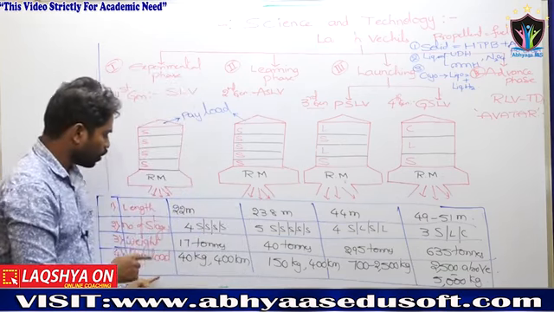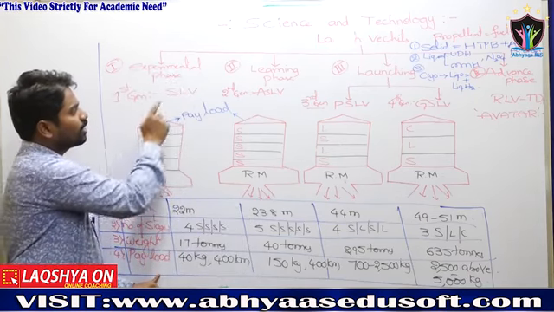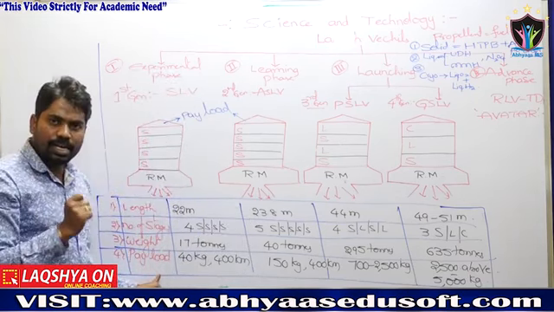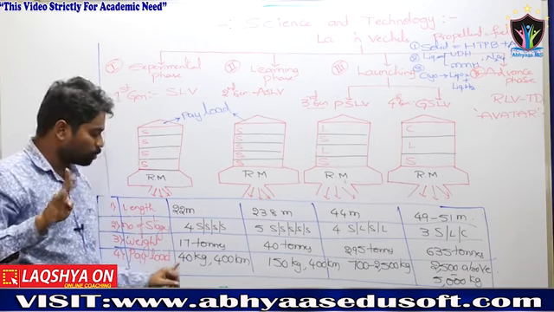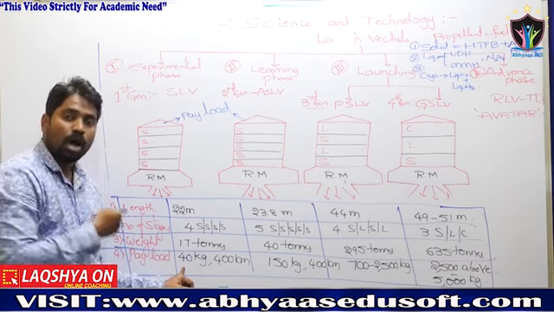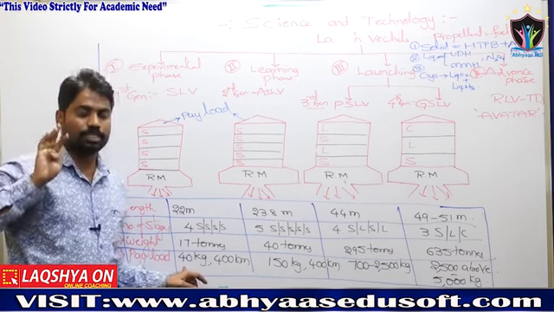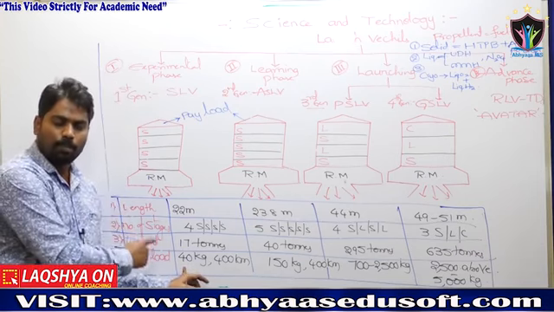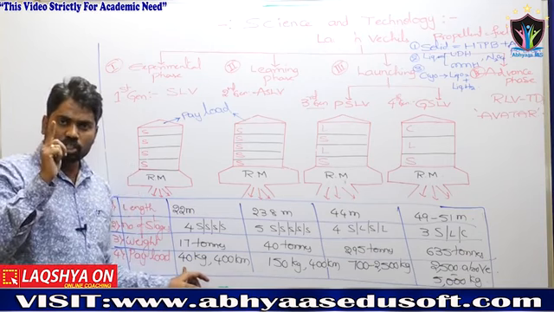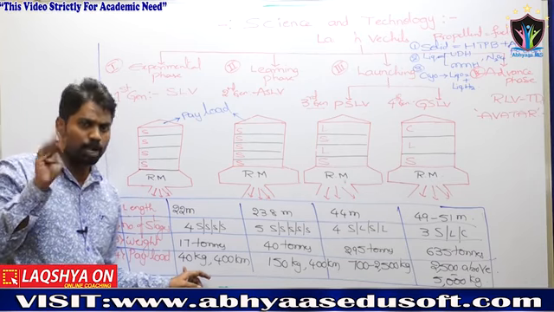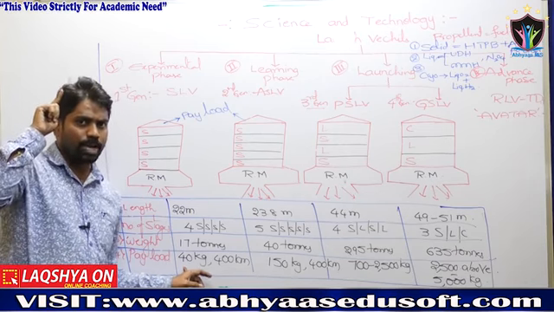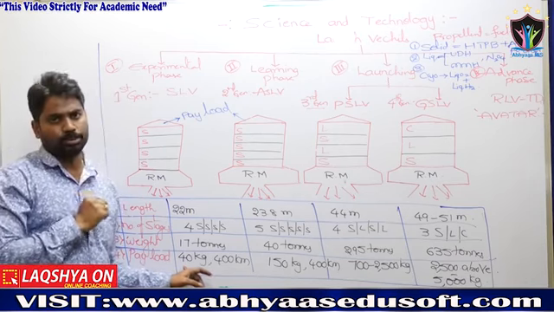Here, the capacity of the satellite launching vehicle is to send 40 kilograms of payload up to 400 kilometers. By the help of the first generation satellite launching vehicle, we can send 40 kilograms of payload into free space up to 400 kilometers.